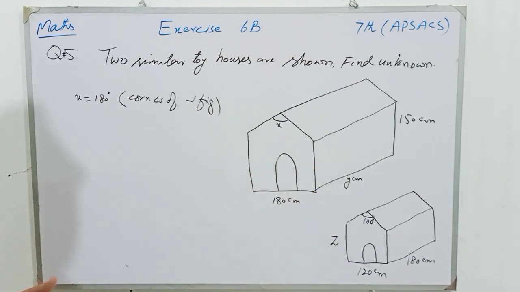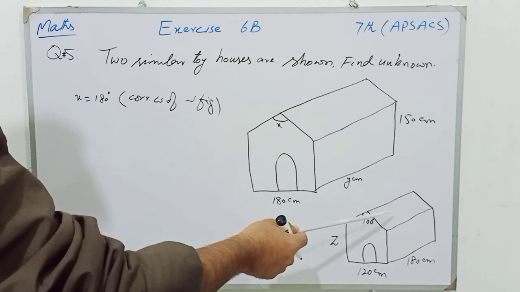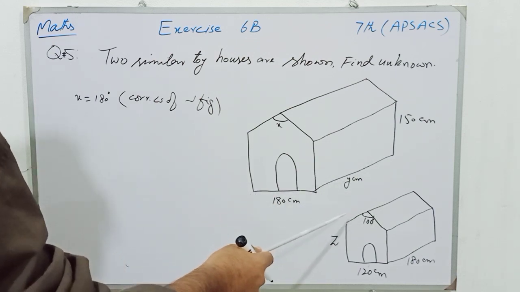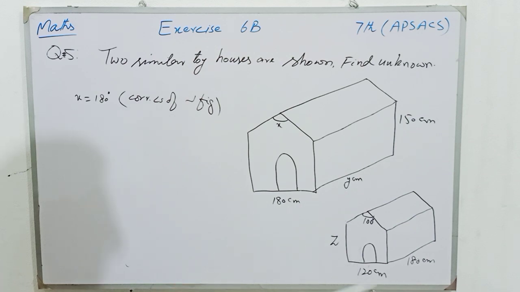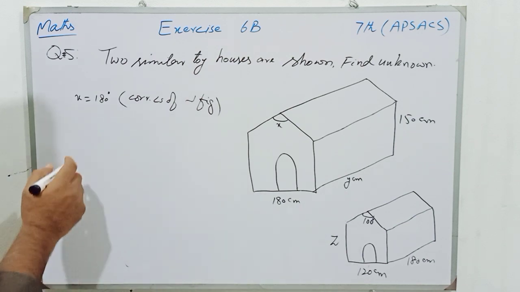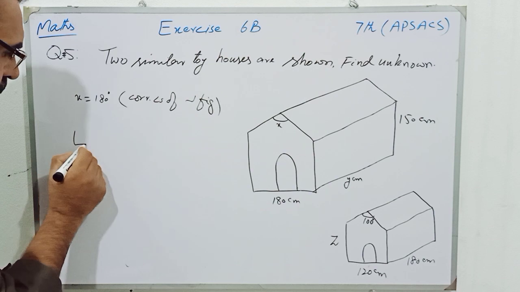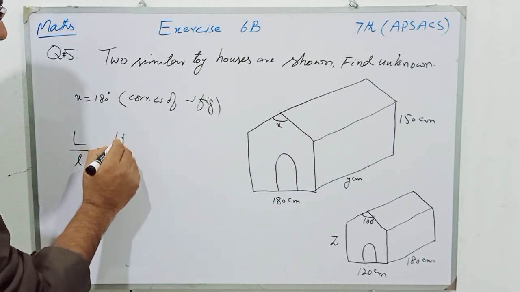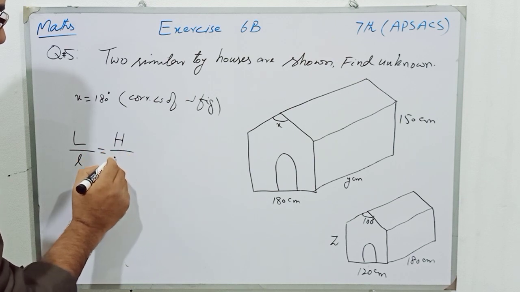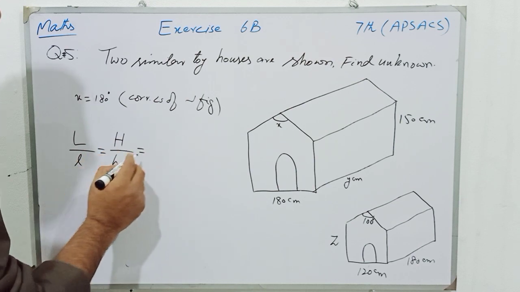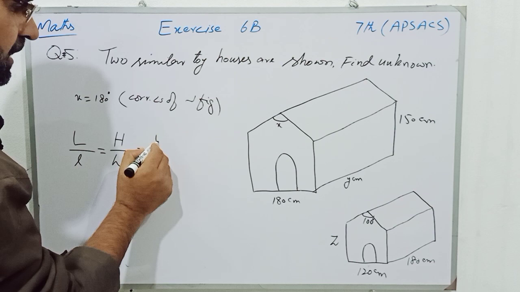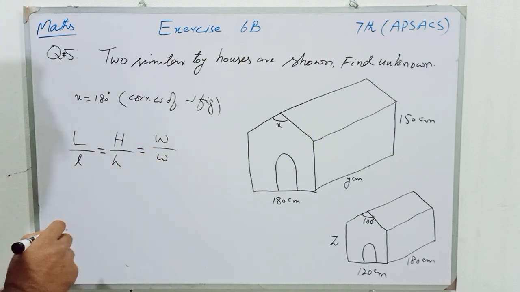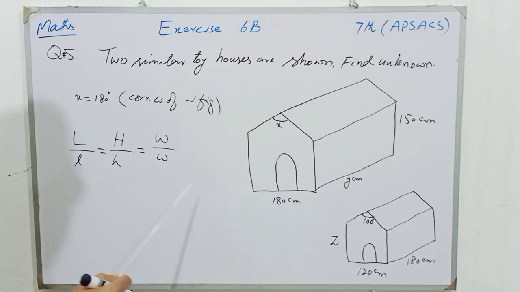In other words, you can say that if these two houses are similar houses, then their sides are proportional or having the same ratio. So length of the large house over length of smaller house is equal to height of large house over height of small house is equal to breadth of large house over width of small house. Now put the values.